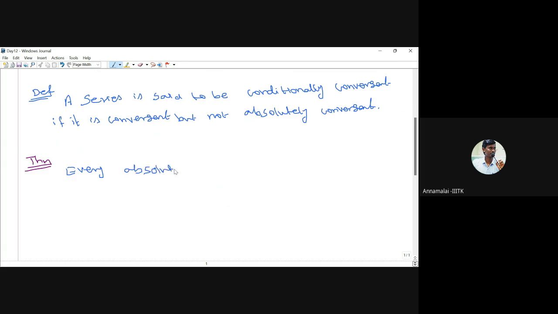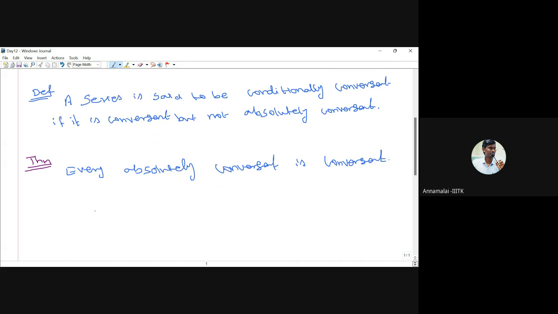Absolutely convergent means that if we take the modulus of an, the series should converge. So that is trivial, right? You can easily prove it.